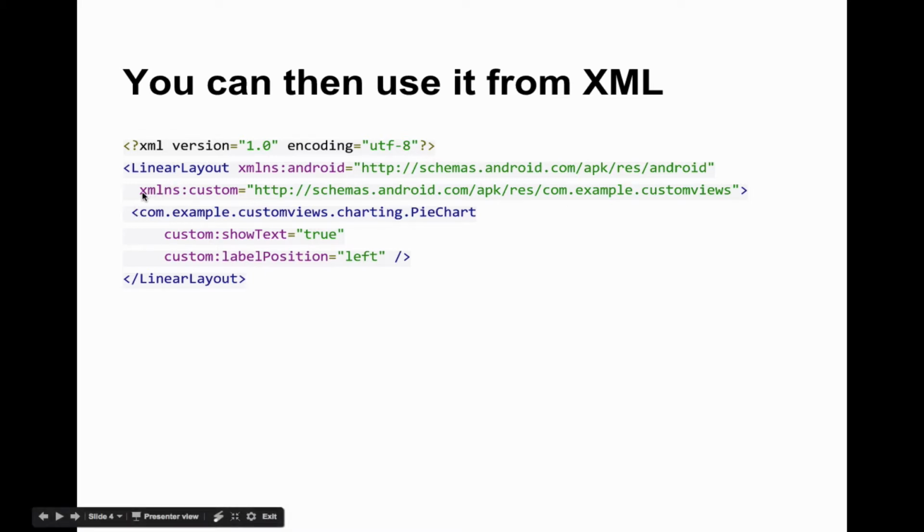One is to say that now we are using, in addition to the Android namespace, which is defined above, the XML namespace custom, okay, which is instead related to our applications.